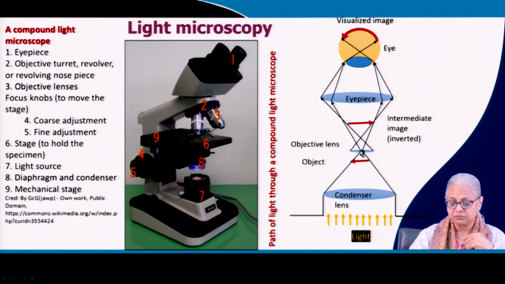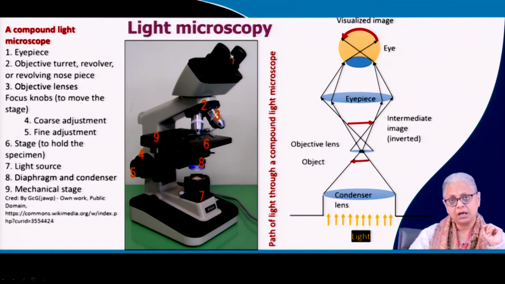This objective lens is exaggerated over here. The objective lens is very, very small, like half a centimeter in diameter, and in standard optical microscopes, you'll find 3 magnifications: 10, 40 and 100. Right over here, this is the turret or the revolver. You can revolve and put the appropriate magnification in place to focus on the object.